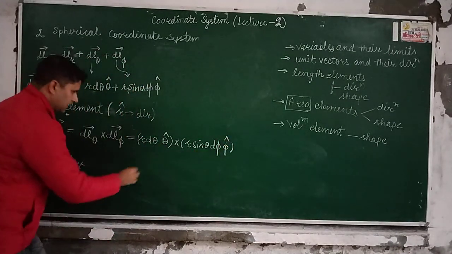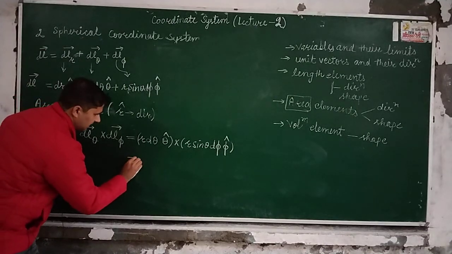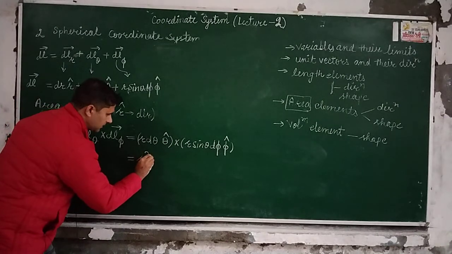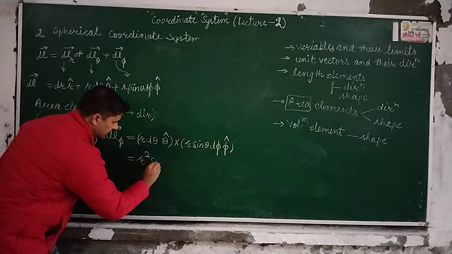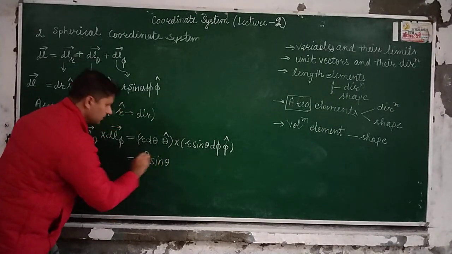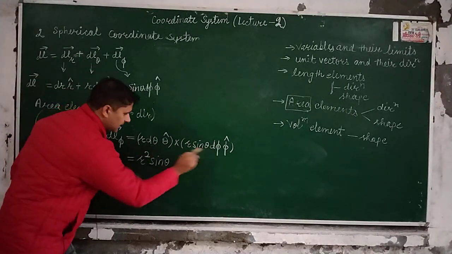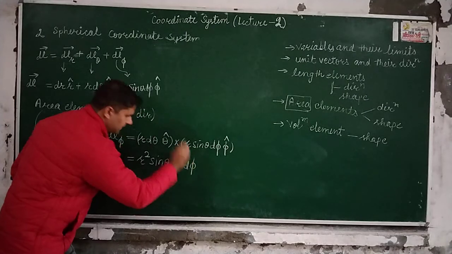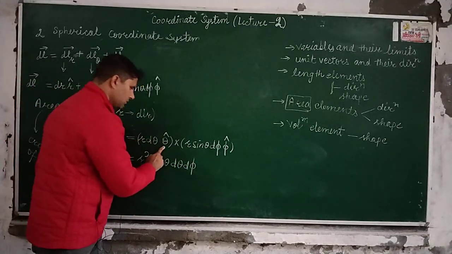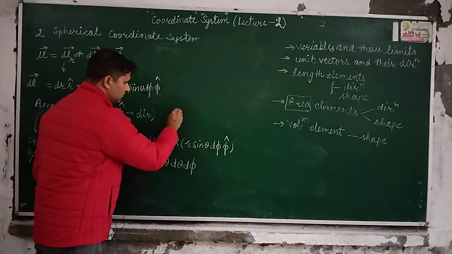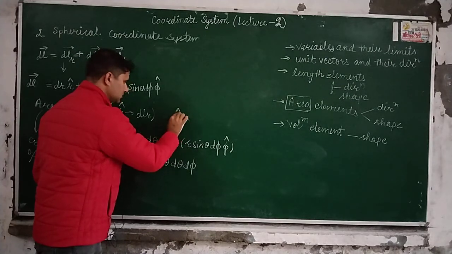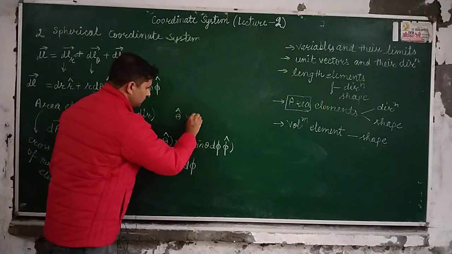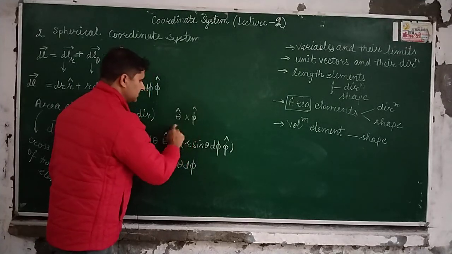First the magnitudes: r into r, that is r square, into sin theta, then d theta and d phi. And then you have theta cap cross phi cap.